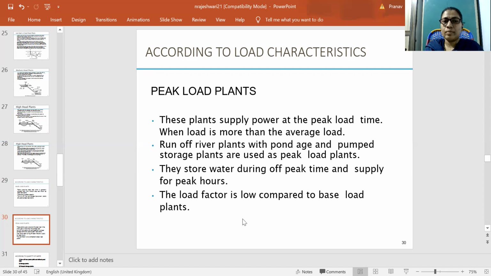So these are called peak load plants, and the load factor is low compared to the base load plants because these are used only in the peak hours.